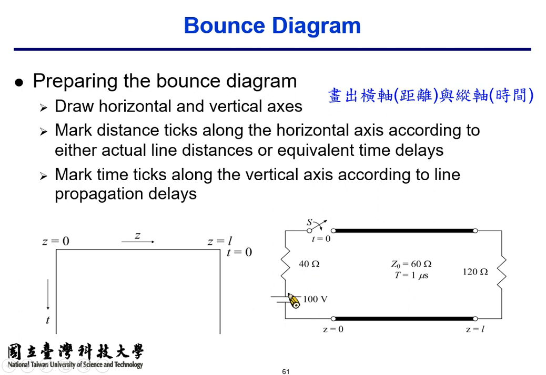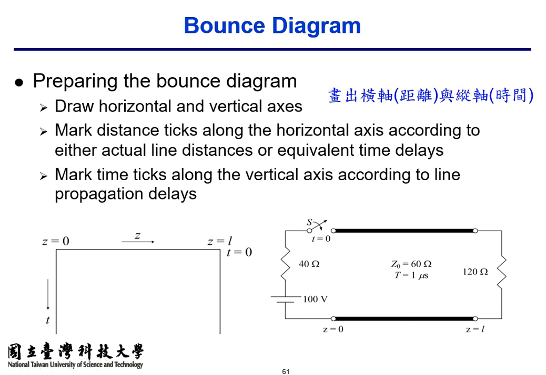So for this circuit, on the left-hand side you have 100 volts and 40 ohm resistance, and on the right-hand side you have 120 ohm load resistance. If you ignore the transmission line, that will be a 100 volt battery connected to 160 ohm resistance.